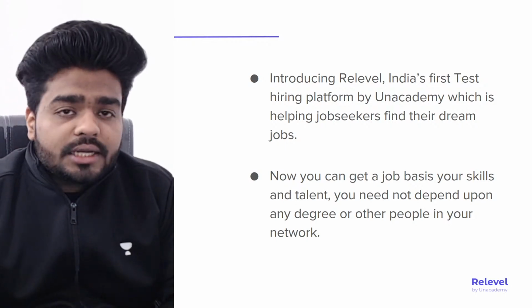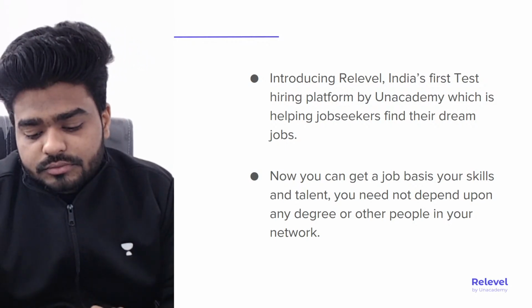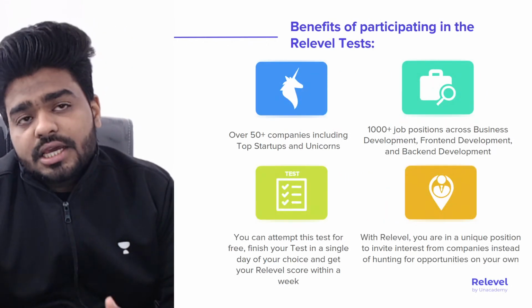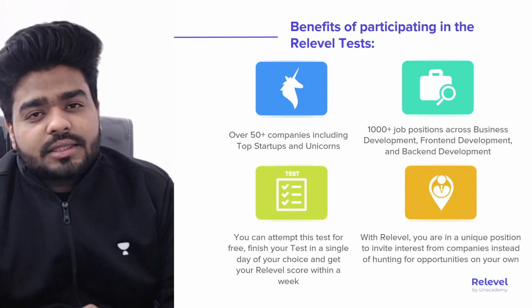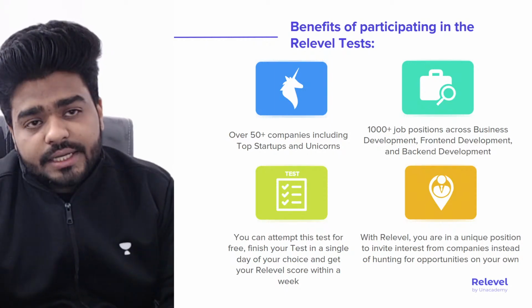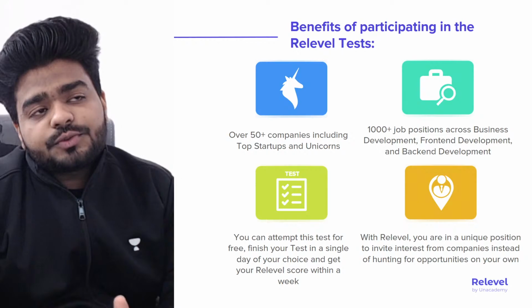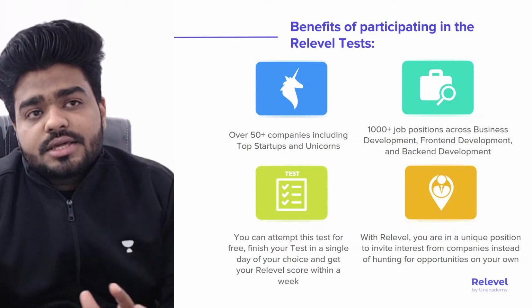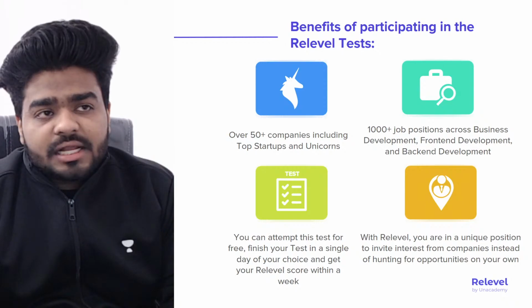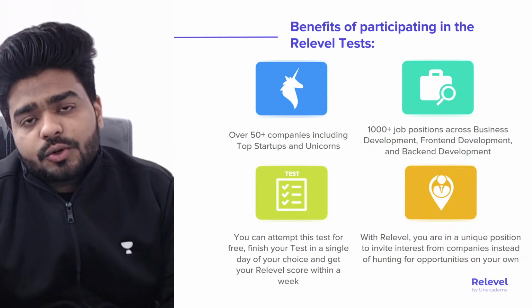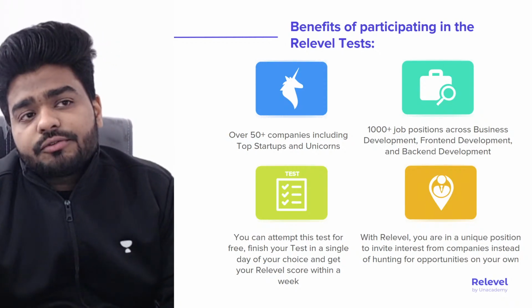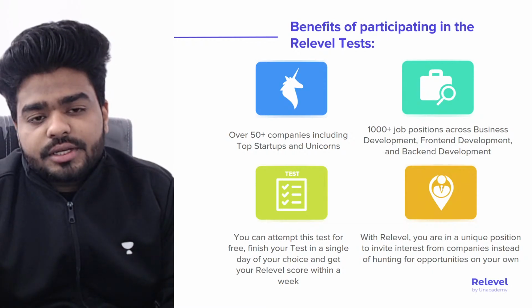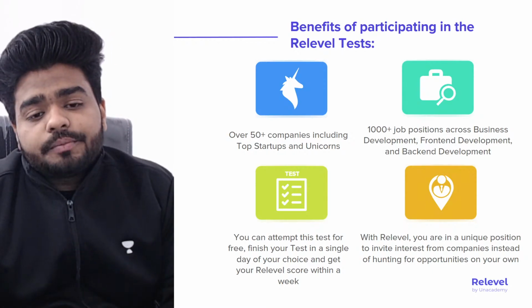How are you going to do that? Basically, you have to give a free Relevel test which is of 1,000 marks. In these 1,000 marks, we are going to judge whether you are very good in one of the skills or not. I'll show you what the skills are, and we will also discuss how to register for Relevel.